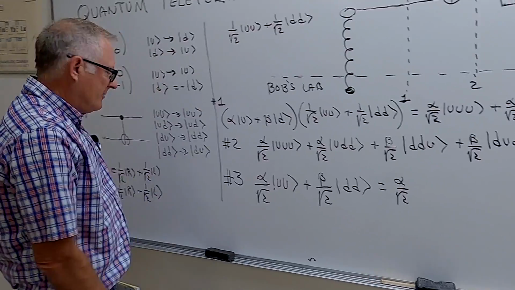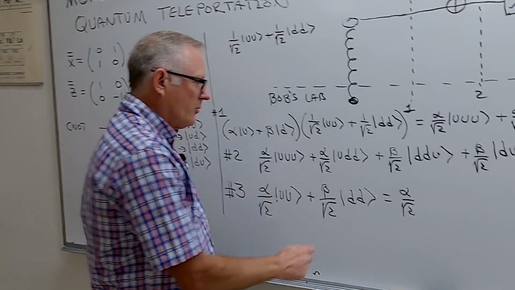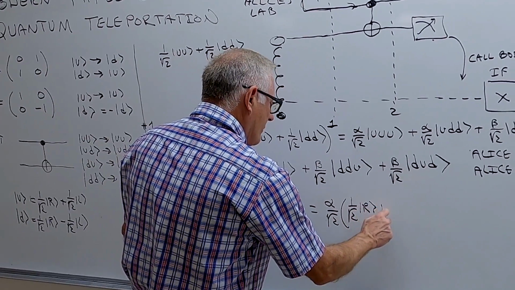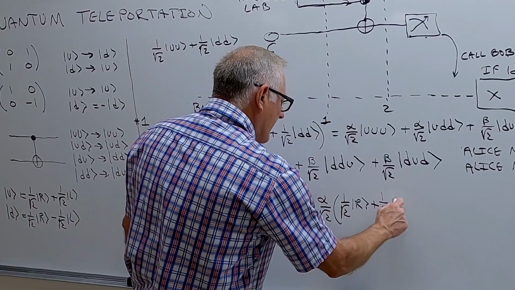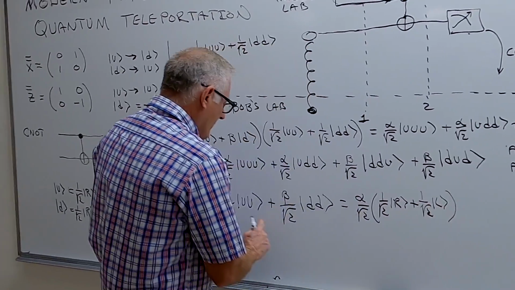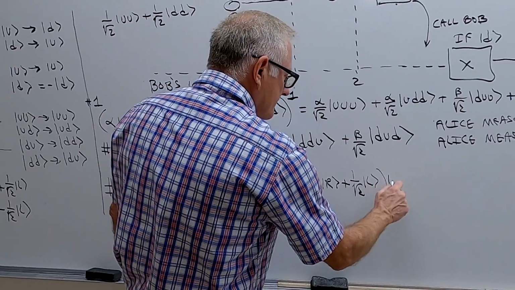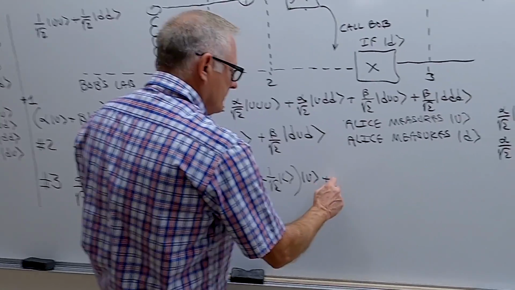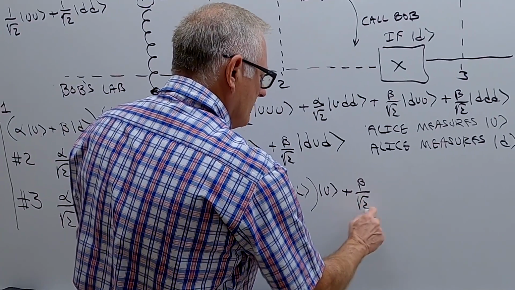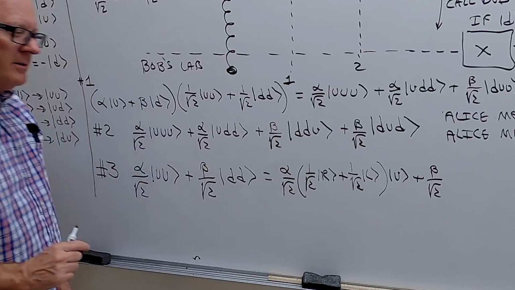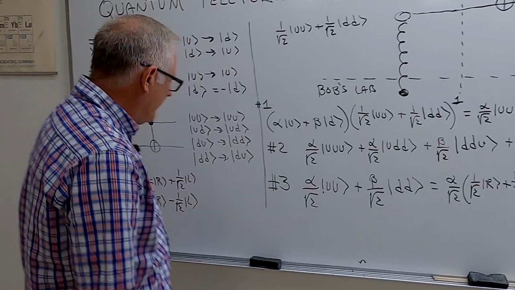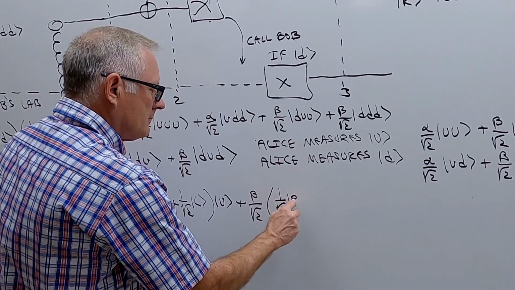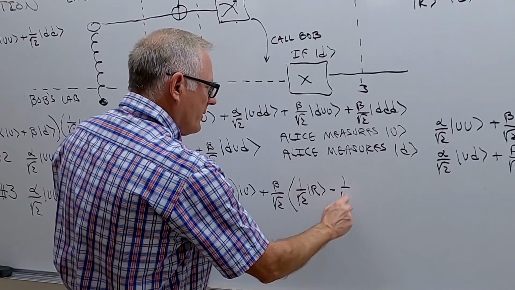Now this first up, we'll turn it into 1 over the square root of 2 right, plus 1 over the square root of 2 left. And we still have that second up, plus beta over the square root of 2, and the down is this one right here, 1 over the square root of 2 right, minus 1 over the square root of 2 left.